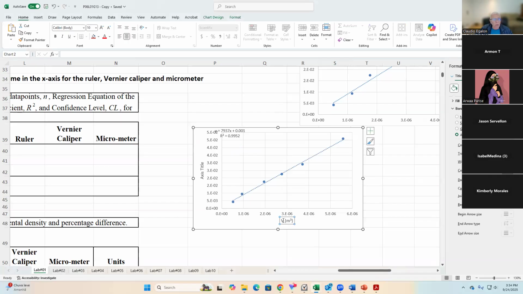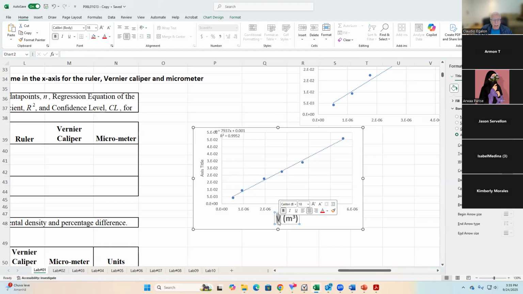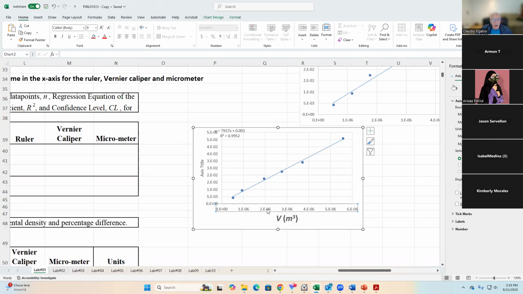But this volume is still too small for me to read, okay? Let's make it larger. Not only larger, but let's boldface it to make it easier and nicer for us to see. Let's display it. Volume, yeah. Looks like 18 is fine. If you have enough time, also italicize the volume, italicize the V to look nicely. And you have to work on these numbers along the x-axis as well, okay?